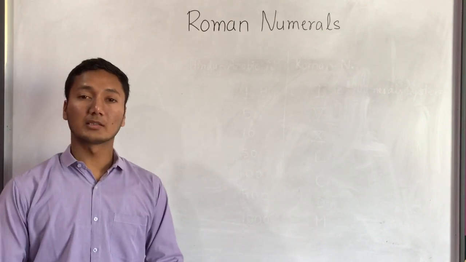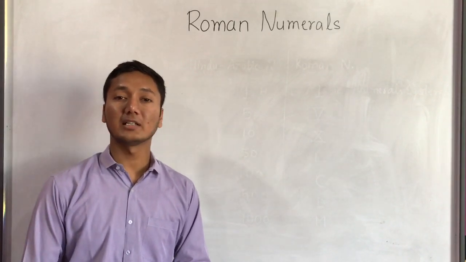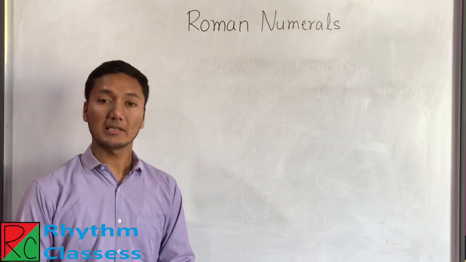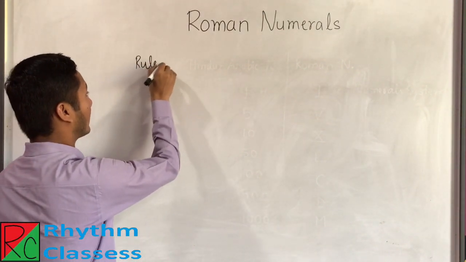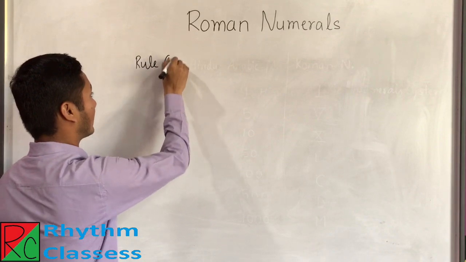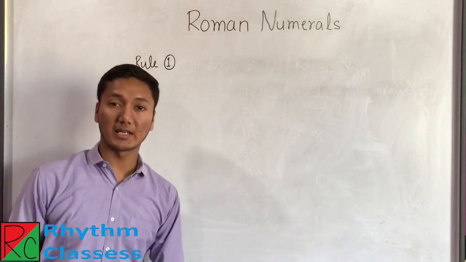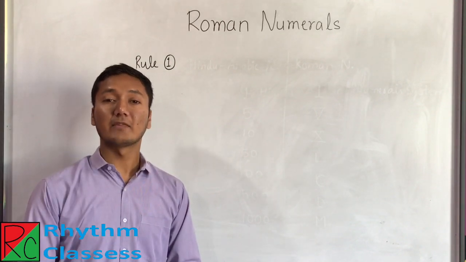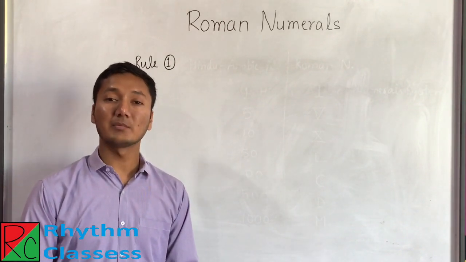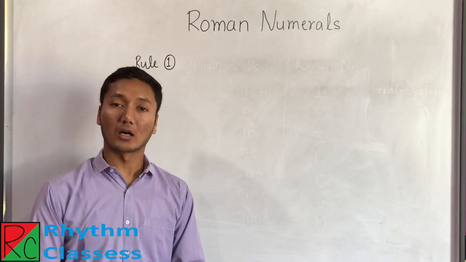Now there are some rules for reading and writing the Roman numerals. Let's see rule number 1. Rule number 1 says, if a symbol is repeated, then its value is added as many times as it occurs.